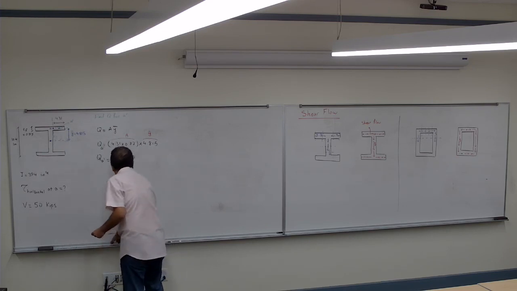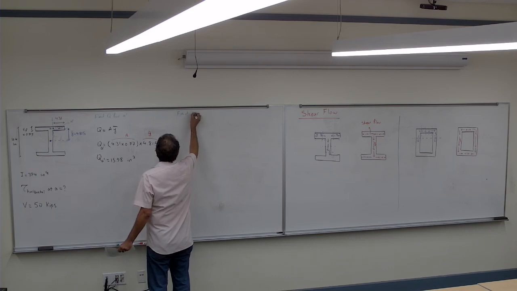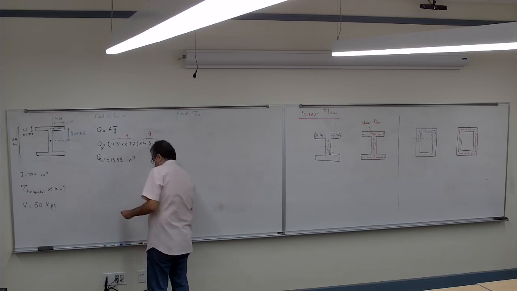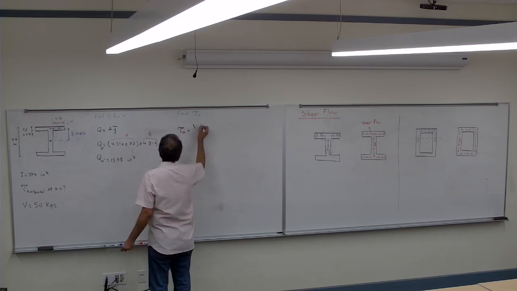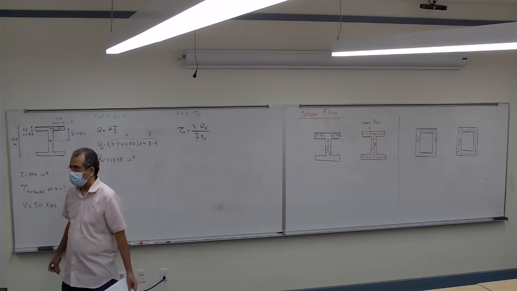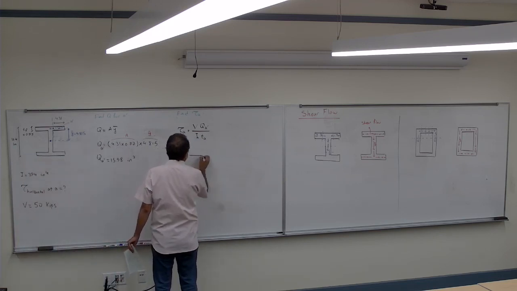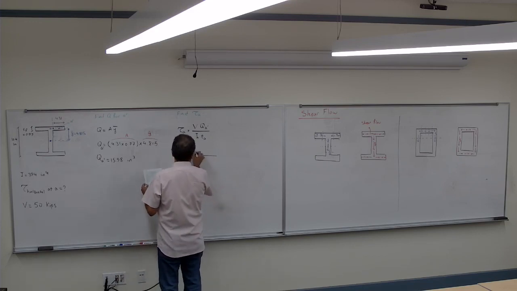Shear stress to find. Tau at A. So the tau at A would be the V Q of the A prime over I for the entire cross section, and t at point A. What's going to be the t at that point? So the tau at A would be, say, 50.